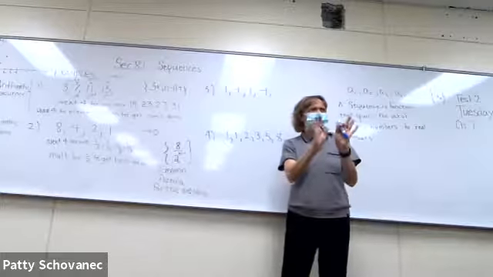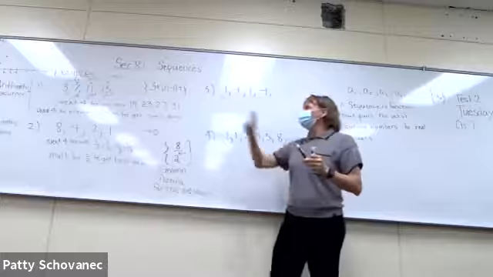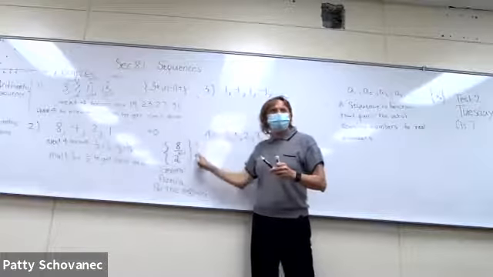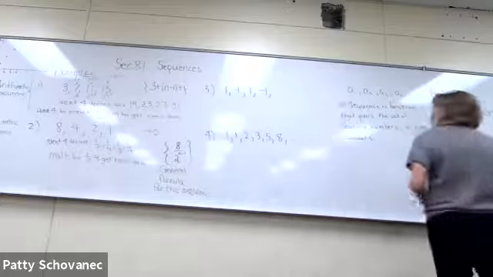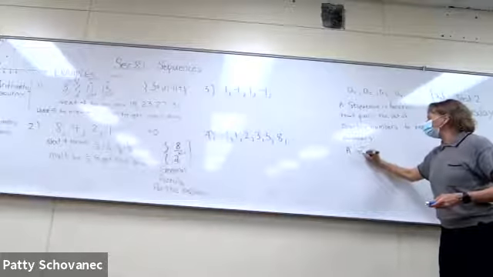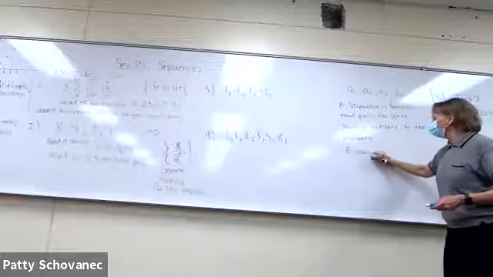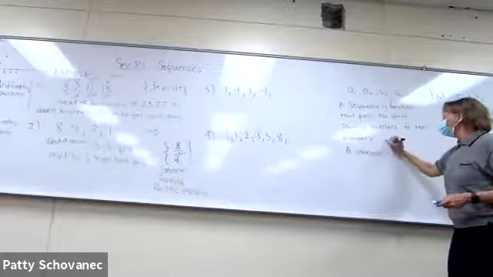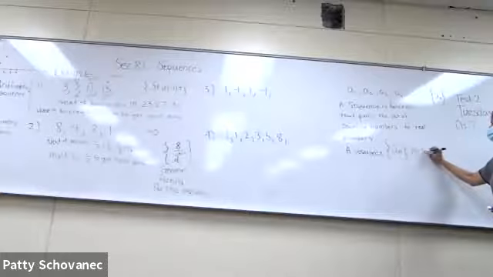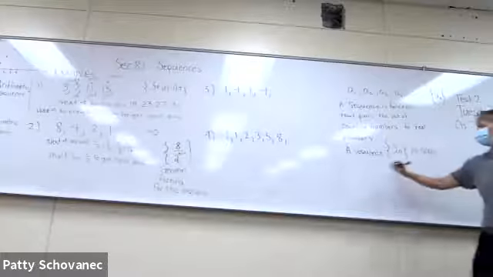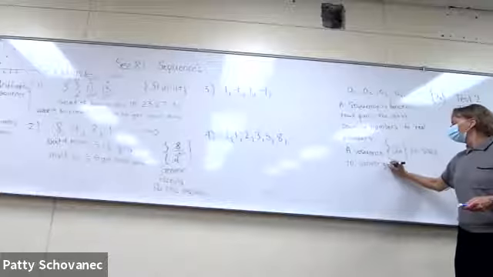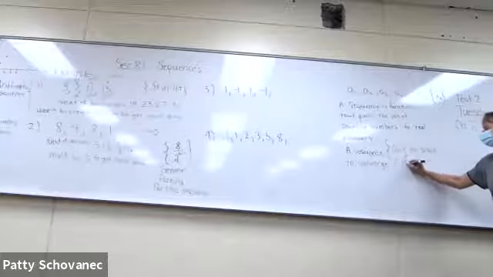So we're looking at when a sequence converges if it has a limit. So let me write that down. A sequence is said to converge if it has a limit.